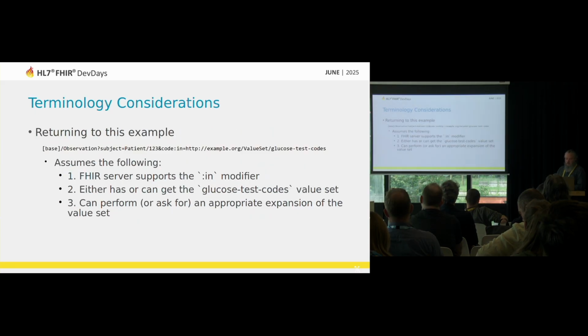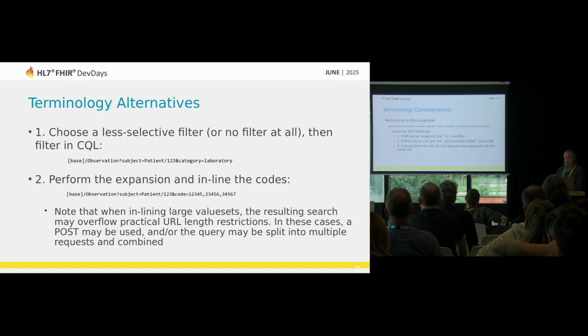Some other terminology considerations. If we return to this example here, we're assuming that the FHIR server supports the in modifier, and that it either has or can get the value set and perform an expansion on that value set. So if the server does not have those capabilities, what are some options we have?